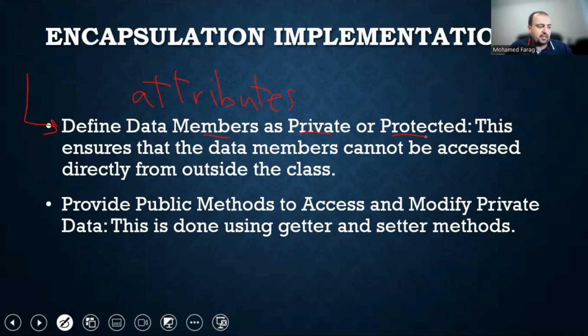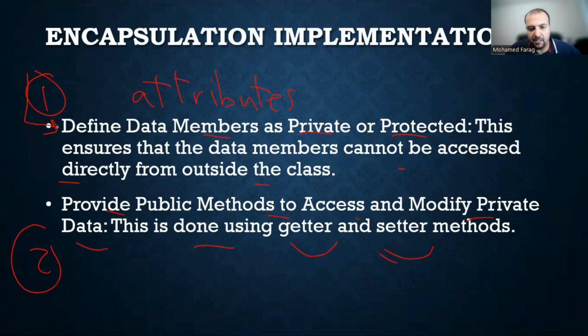This will ensure that data members cannot be accessed directly from outside the class. So that's practice number one. Practice number two is providing public methods to access and modify those private data. This is typically done through what we call the getting and setting mechanism. It's a getter method and a setter method that we will see how they can be implemented through the demo.